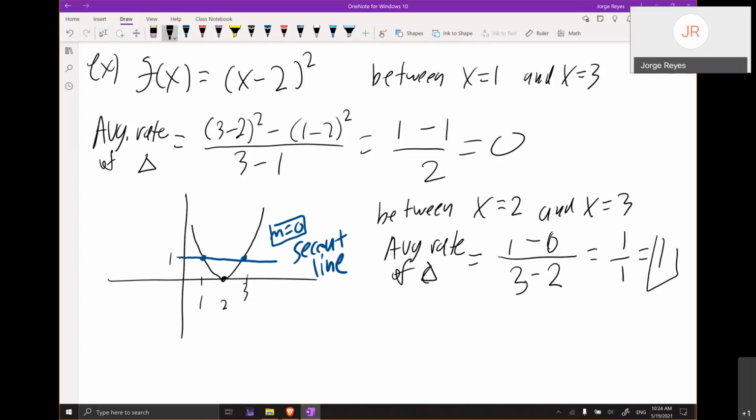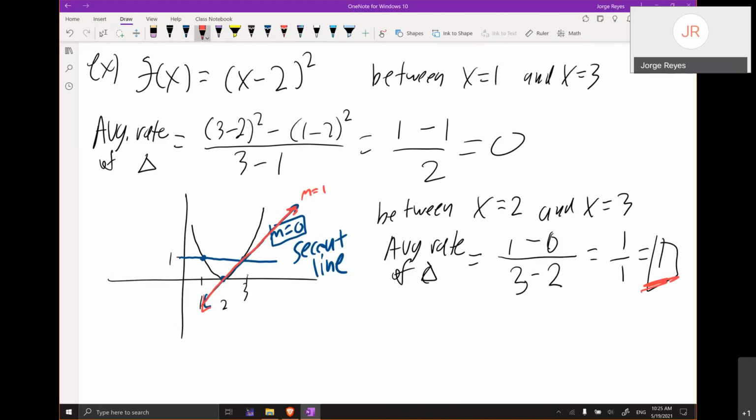So you see the average rate of change between 2 and 3, this secant line's slope, is 1, which is why the average rate of change there is 1.